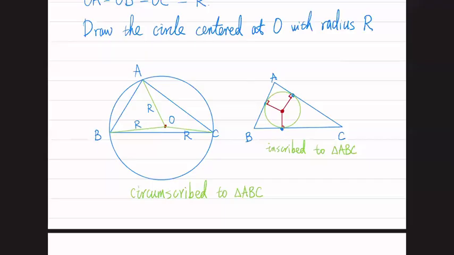Okay, because of these two properties, this one is called the incircle. So this one is called the circumscribed circle, the circumcircle. And this one, the center is called the incenter. So O is called the circumcenter.